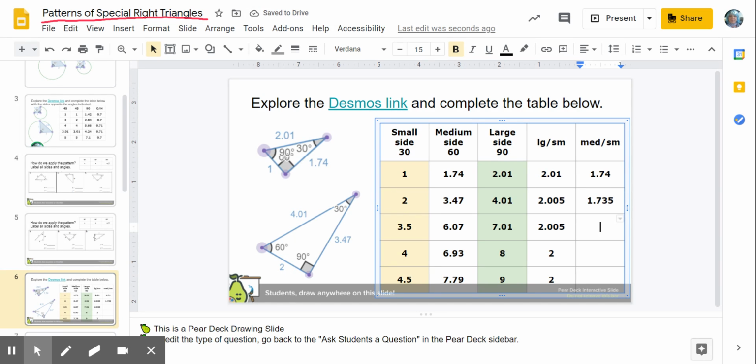So it's very close to 1.74. What is 6.7 divided by 3.5? 1.9. 1.7 divided by 3.5? 6.07 divided by 3.5. We gotta have an O in there.